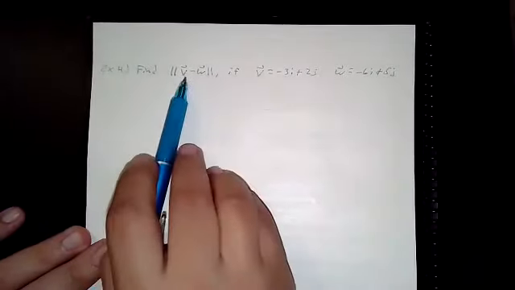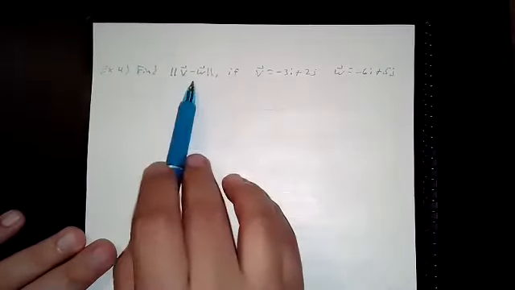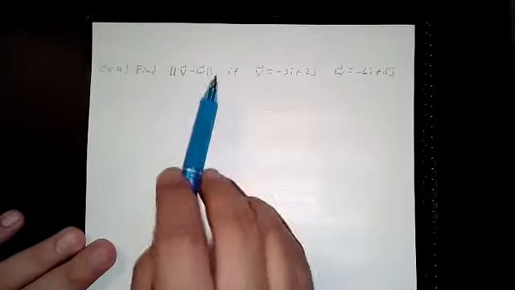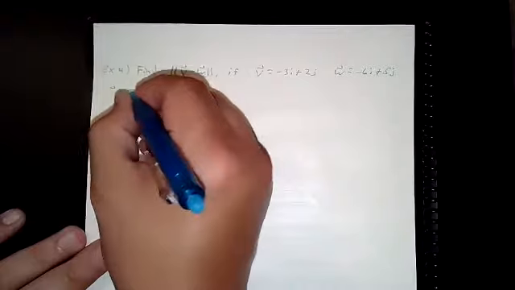So we're going to have to find the magnitude of the difference. So just subtract them first and then use the distance formula. So first find what is v minus w, right?